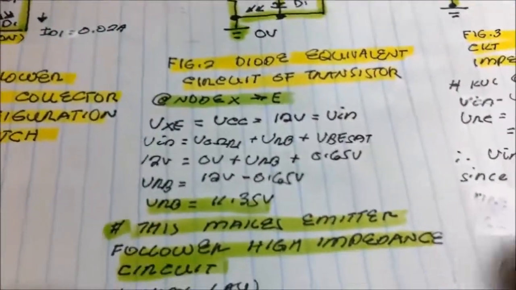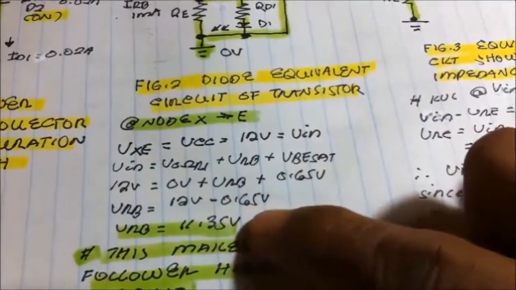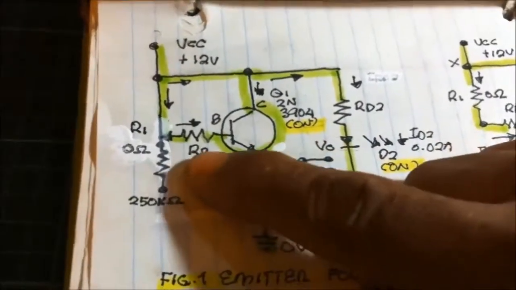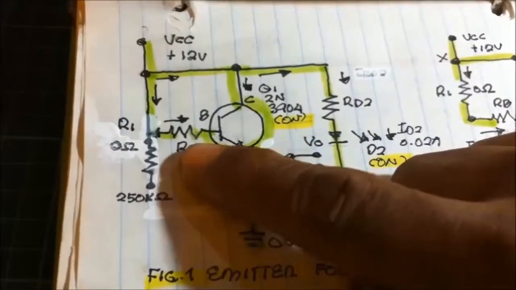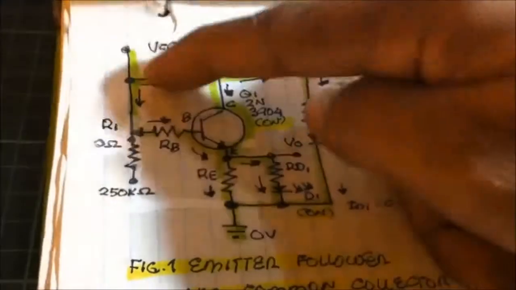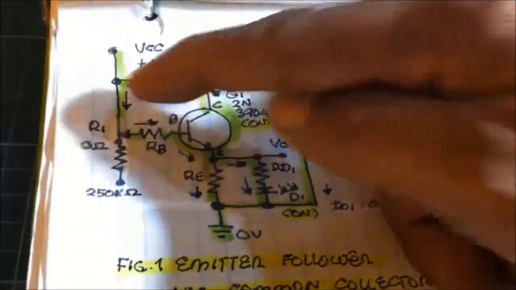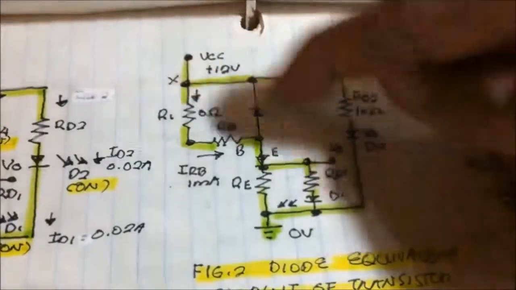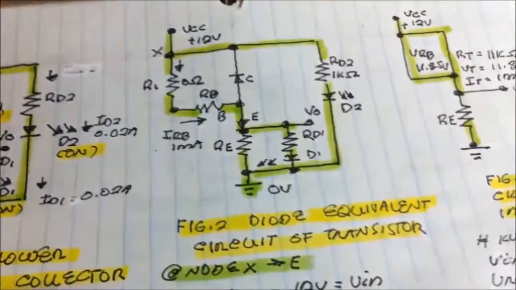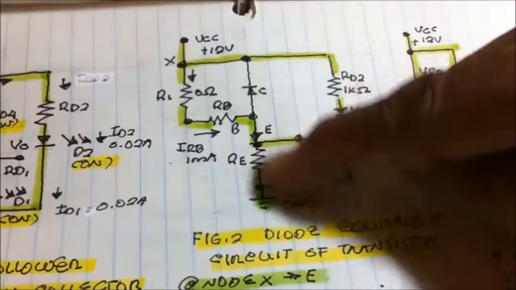It consumes 0.65 volts. And in here, whatever the voltage drop at the base is now the voltage input. We calculated it to this node, here, VBE, because this is the load. We're not including the load yet.